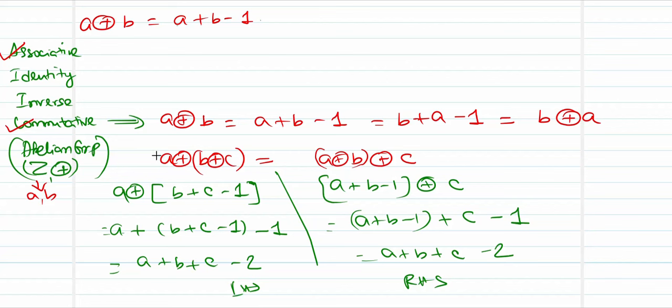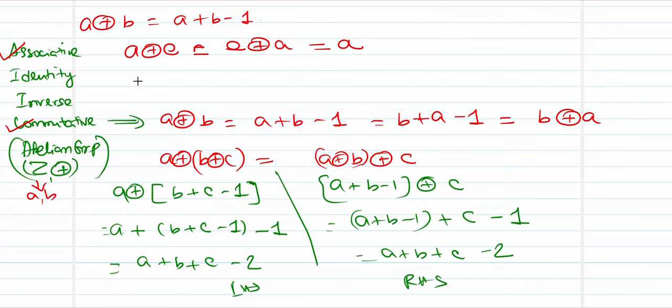Now coming to the case of identity element. What do we mean by identity element? An element E such that a ⊕ e, or e ⊕ a, must give me back my a. So what is the definition of my identity element? By the definition, this is going to be my rule which is going to be satisfied. But how is the ⊕ binary operation defined?